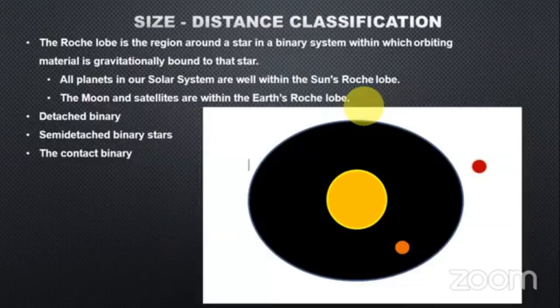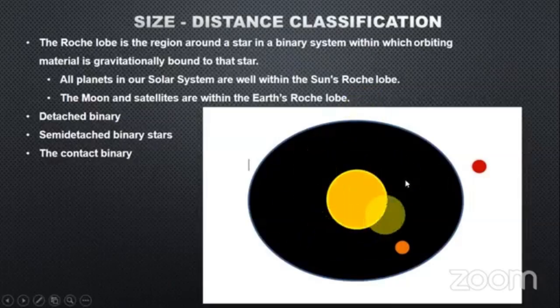Other than the types, we also have the size and distance of the star. So what is the Roche lobe? The Roche lobe is the region around a star in a binary system within which any material is held by the gravity of that star.